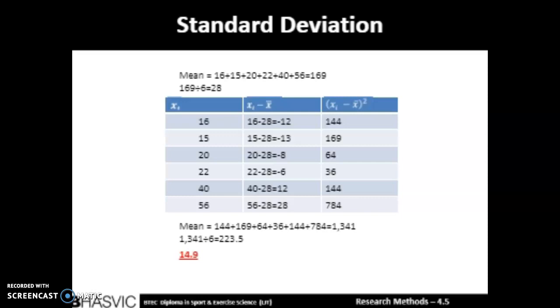To calculate the standard deviation, you have to work out the mean, then for each number, subtract the mean and square the results, then work out the mean of those squared differences and take the square root of that, and then you will have your answer. This is what we did with our example, where we finished off by squaring 223.5 and getting the final answer of 14.9.